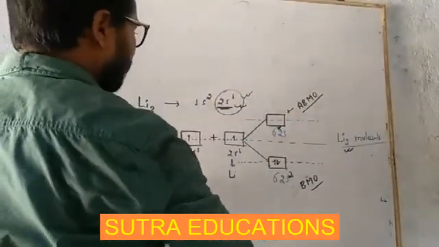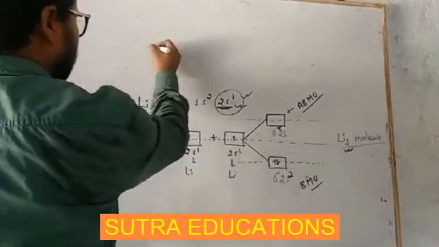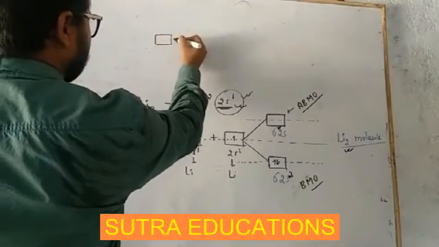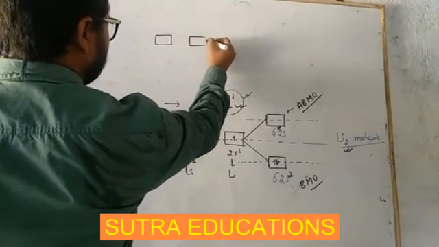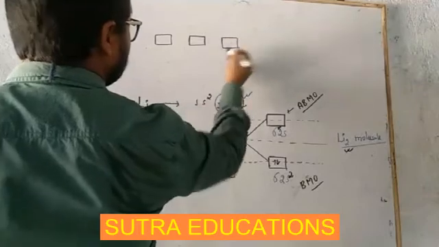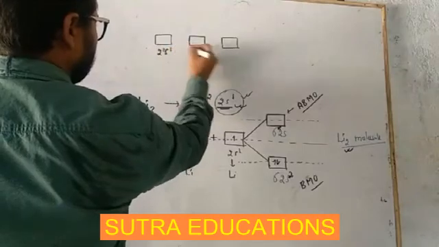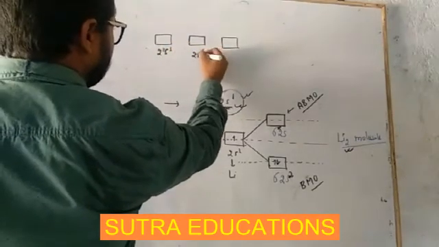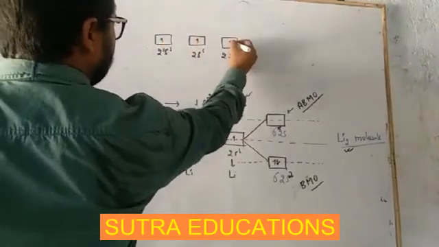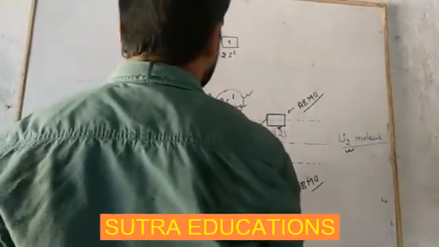So what will happen in the Li3 molecule? Three atomic orbitals will combine. This is the first atomic orbital, this is the second, and this is the third. Each one is 2s1, with one electron filled in each.